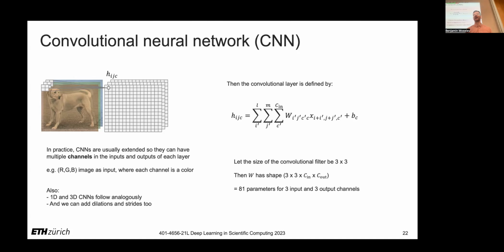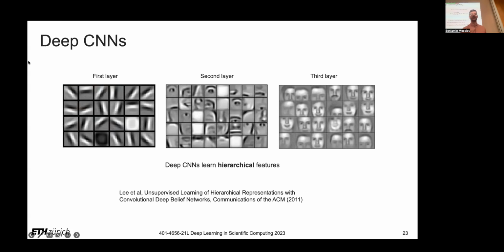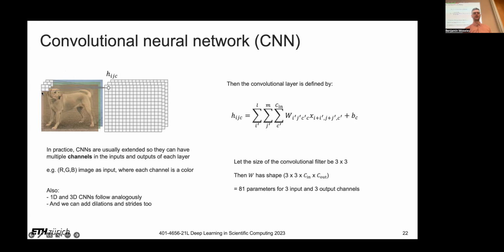And we can extend CNNs in other ways too. So for example, we can have 1D CNNs, so convolutions on 1D inputs instead of 2D inputs, and 3D CNNs. In fact, we can have ND CNNs if we want. Another thing you can do is start to play around with the filter itself, and instead of having connections to the neighbors, you could have connections to every other neighbor, and we call that a dilation.